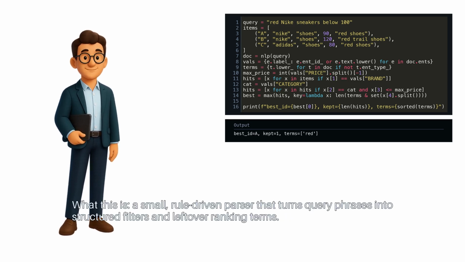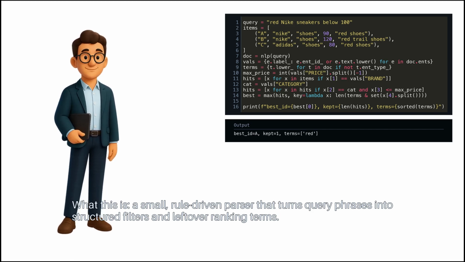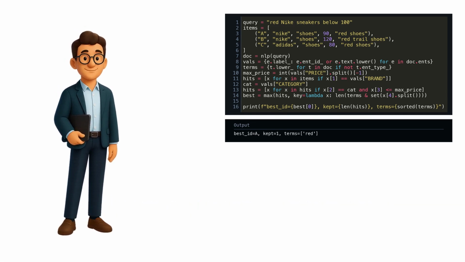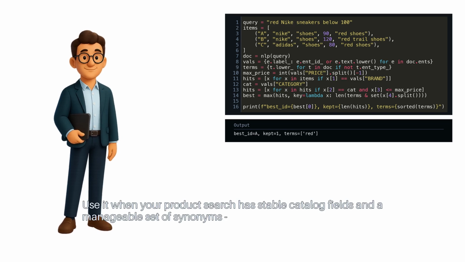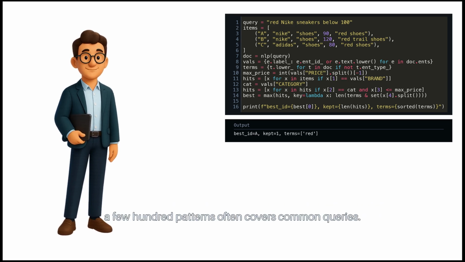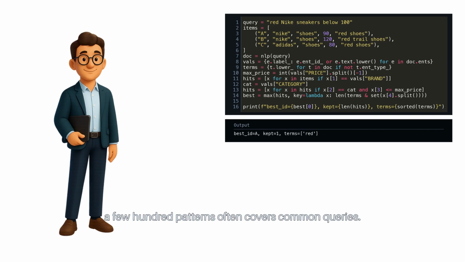What this is: a small, rule-driven parser that turns query phrases into structured filters and leftover ranking terms. Use it when your product search has stable catalog fields and a manageable set of synonyms. A few hundred patterns often covers common queries.